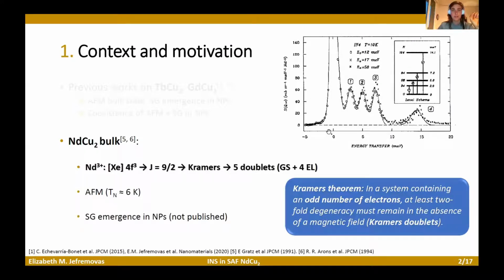This means that if you are in a magnetic field, these doublets are going to split, and you are going to see if there is or not any magnon excitation or spin wave propagation in the alloy. And also, neodymium offers another advantage, which is that it only has 5 crystalline electric field doublets, which is very, let's say, user-friendly, because there are others that have up to 20 crystalline electric field levels.